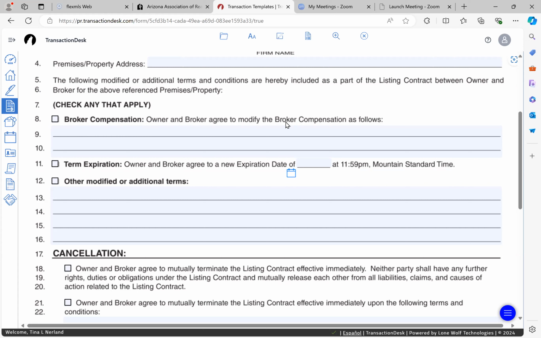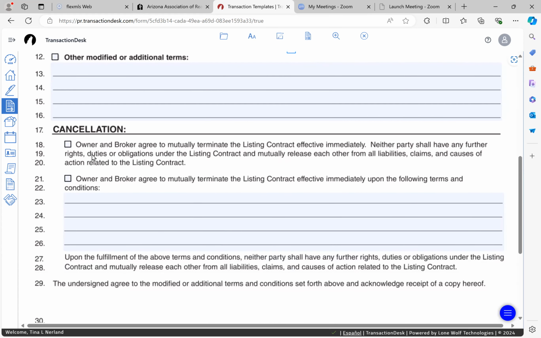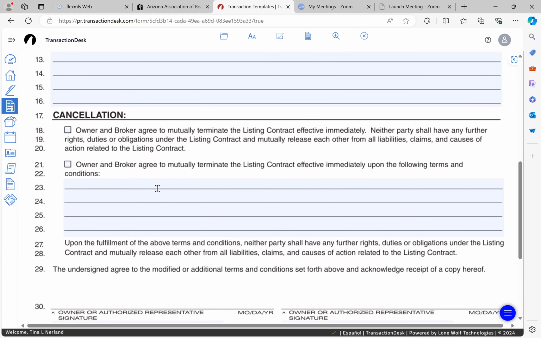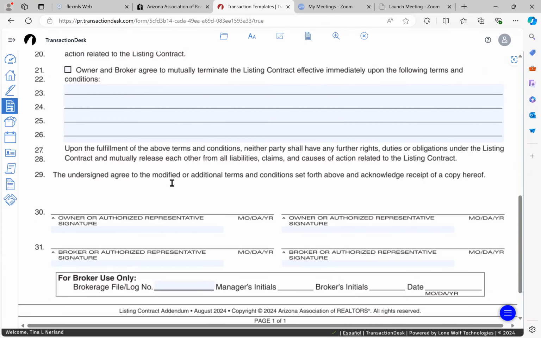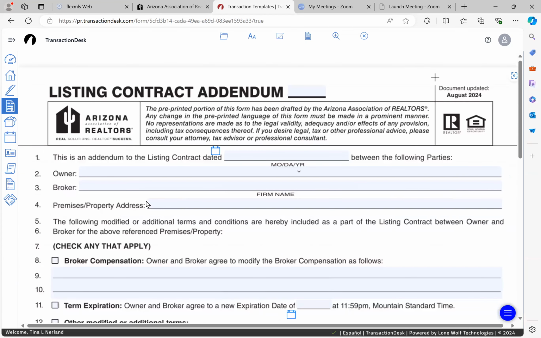Otherwise, it is done with the commission adjustment form. The term, if you need to expire it right away. Other modified and additional terms, you could put that here. If they're canceling the listing, you can now check one of these boxes. Before you had to just put in that they're canceling it and it is effective, you know, such and such. So this is the new form that you will use. It's going to replace the sold change form, which I love because that means, I believe, that we don't have to use that form if we make little adjustments.